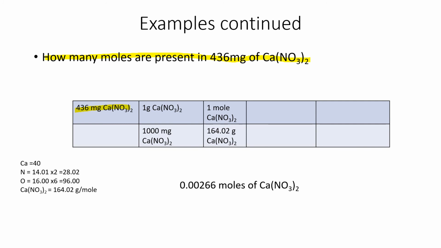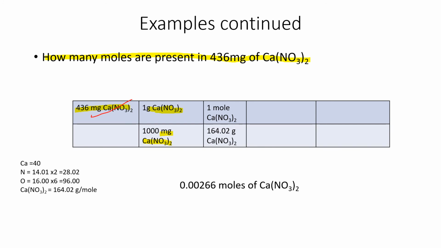I'm starting with milligrams of calcium nitrate in the numerator. That means the milligrams of calcium nitrate need to be placed in the denominator. That would place the grams of calcium nitrate in the numerator. That sets it up such that we can cancel off our milligrams of calcium nitrate.